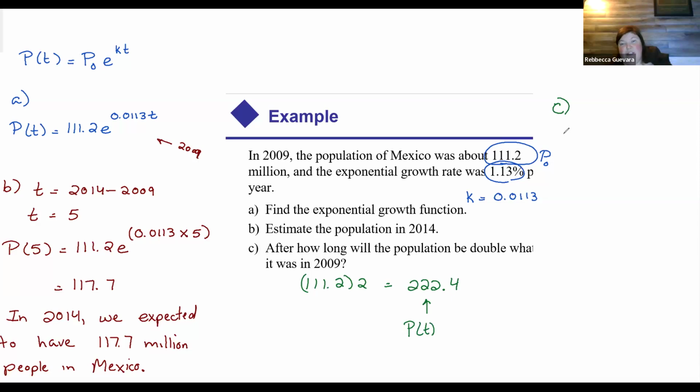So what I have here is 222.4 should be equal to 111.2 e to the 0.0113t. T is the one thing I don't know. I want to know how long until that population doubles, so I'm going to solve for t.